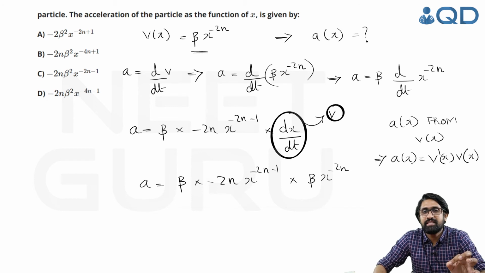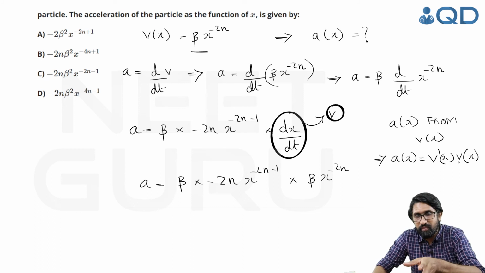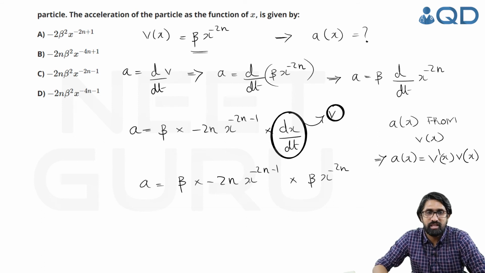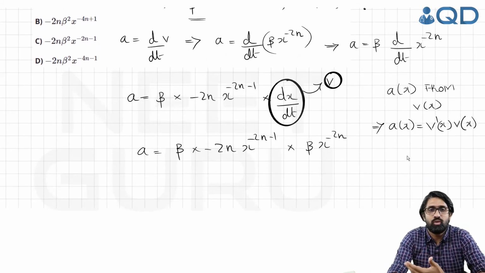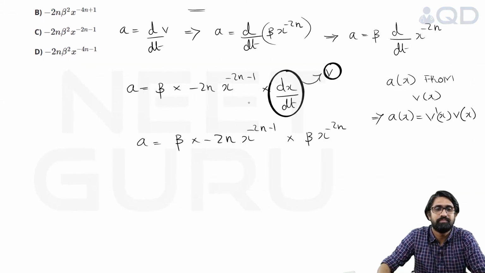That is, a of x from v of x can be calculated by multiplying v dash of x, first order derivative of the velocity function with respect to x itself, that multiplied with the velocity function again. This is a direct formula, and that will get you to this step directly. Now, you can choose to do it in your own favored method.